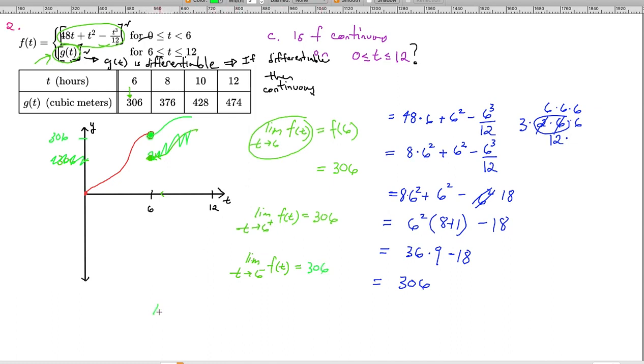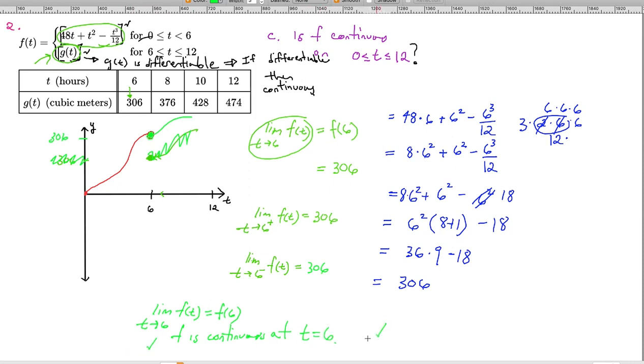The limit as t goes to 6 of f of t equals f of 6. f is continuous at t equals 6. That's one thing.